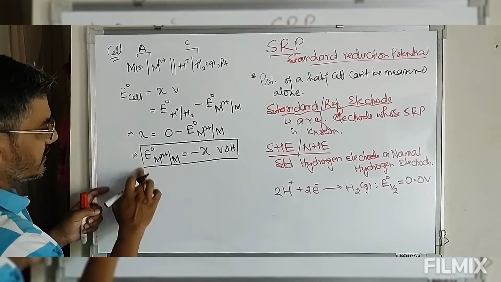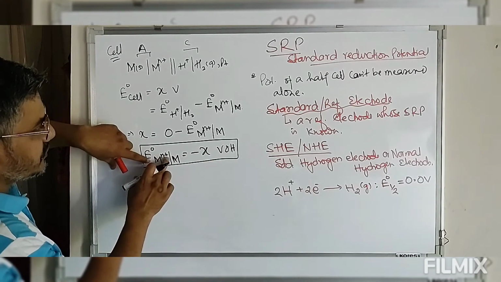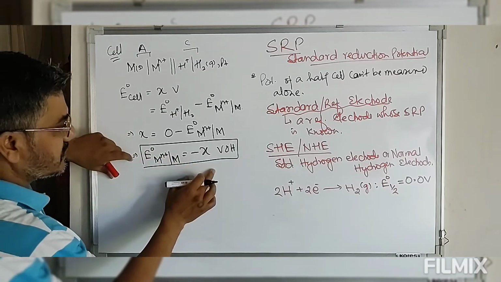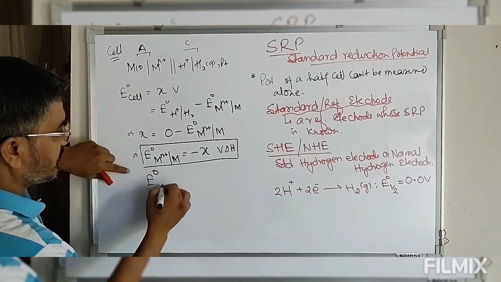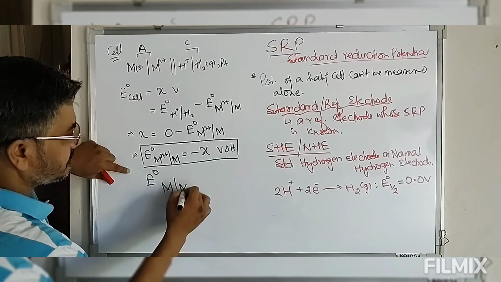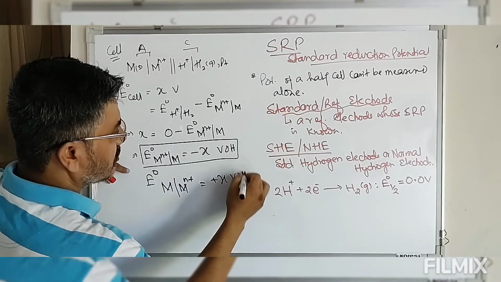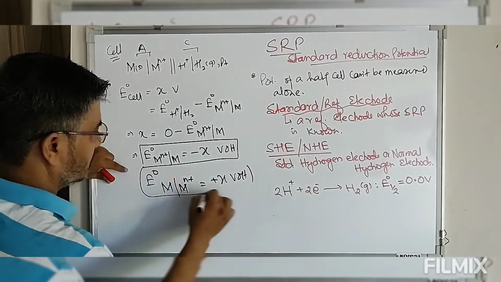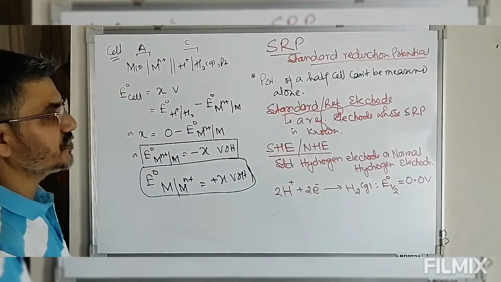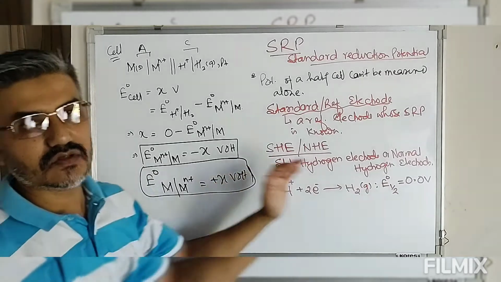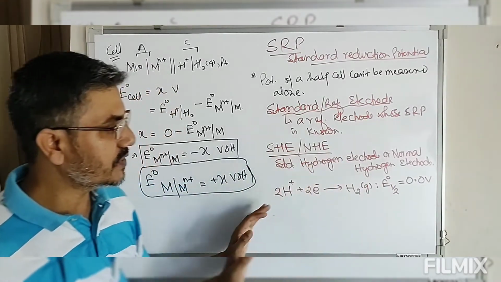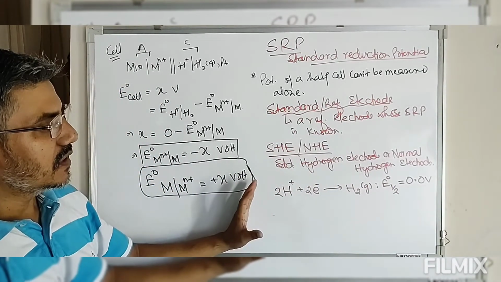So in this case, look at this. This is the reduction potential, but in terms of oxidation potential, the oxidation potential of this same electrode will be plus X volt. So this is the importance of the SHE or normal hydrogen electrode, which is used to define the potential of any unknown electrode.